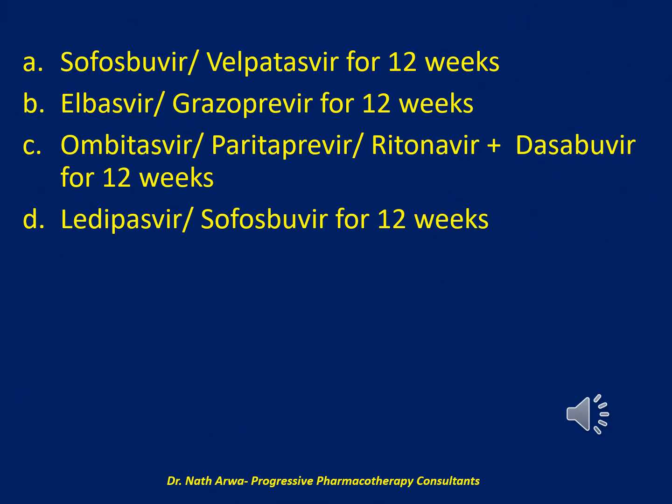Is it A. Sofosbuvir plus velpatasvir for 12 weeks, or B. Elbasvir plus grazoprevir for 12 weeks, or C. Ombitasvir plus paritaprevir plus ritonavir plus dasabuvir for 12 weeks, or is it D. Ledipasvir plus sofosbuvir for 12 weeks? I will give you 10 seconds to choose the correct answer to this question from the listed options.